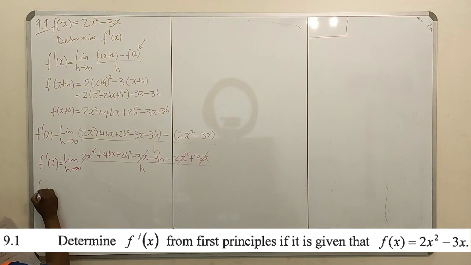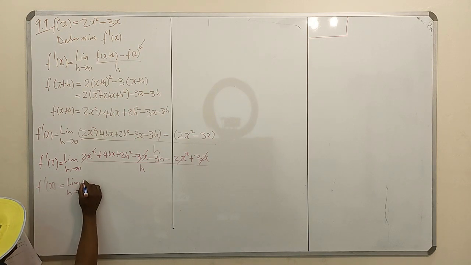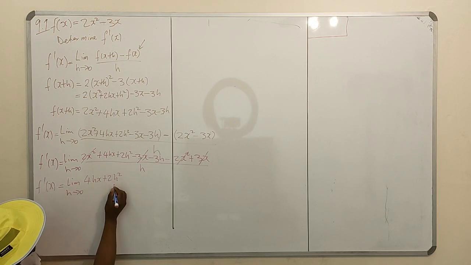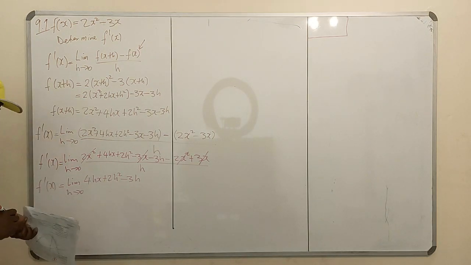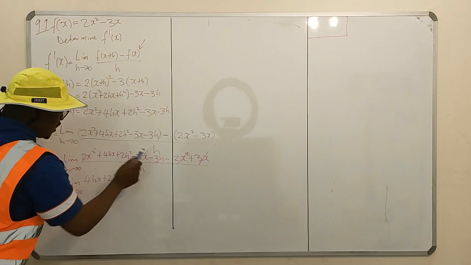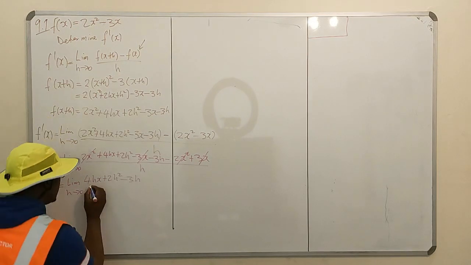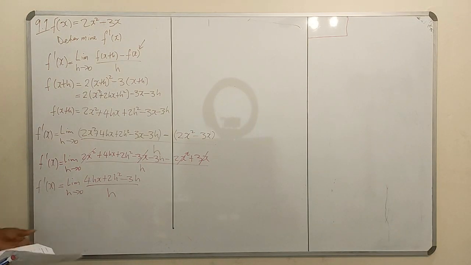So you're left with f prime at x is equal to the limit as h goes to 0 of 4hx plus 2h squared minus 3h, all over h, of course. From this point, take out the common factor at the top, which is h.